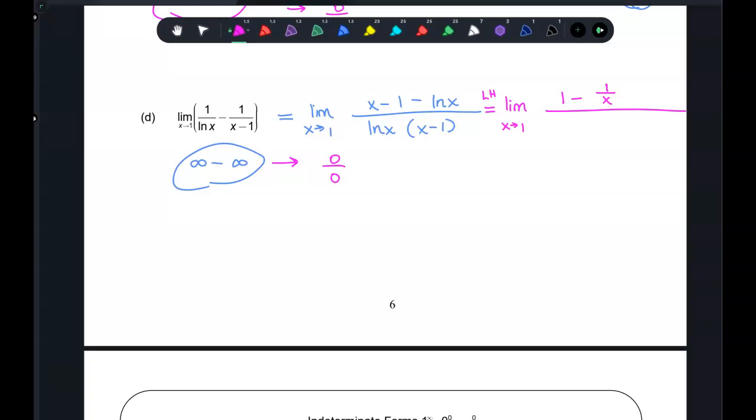And in the denominator, we have to do the product rule. So 1 over x times x minus 1 plus natural log of x. Because you have to do the product rule.